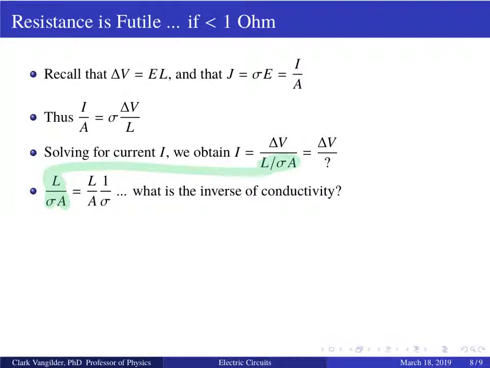And purely geometric pieces of the puzzle, and then this material property involved in the puzzle. So what's the inverse of conductivity? Well, bigger conductivity means it conducts electricity better. Smaller conductivities would mean that it resists.